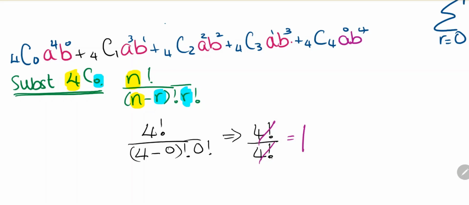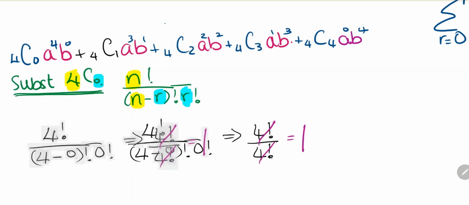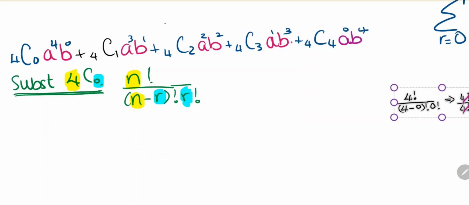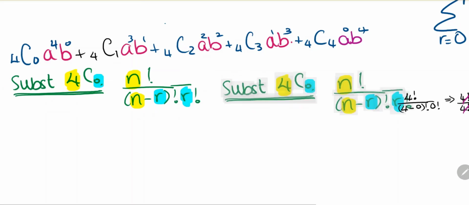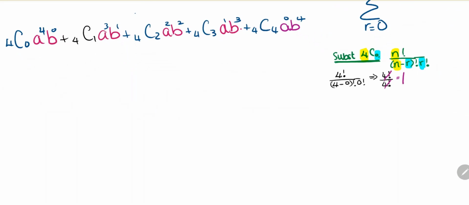So we've got 4 factorial divided by 4 factorial multiplied by a to the 4. Now b to the 0 is just 1. So this one is 1, so we don't need to write it. It's just going to be a to the 4.